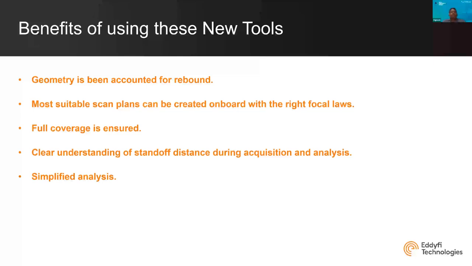And also, with the help of this software and the drawing, we know where to position the sensors, which has a crucial impact on the overall inspection. And eventually, with all the help that we get from these tools, the analysis is simplified, which means if there is an indication, we'll know there is an indication.